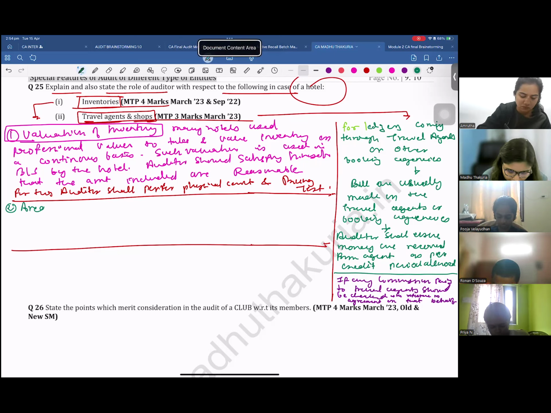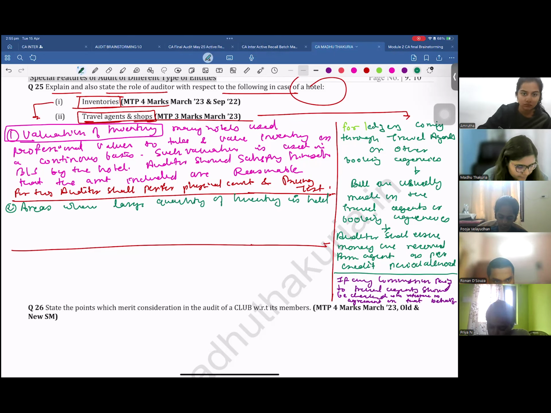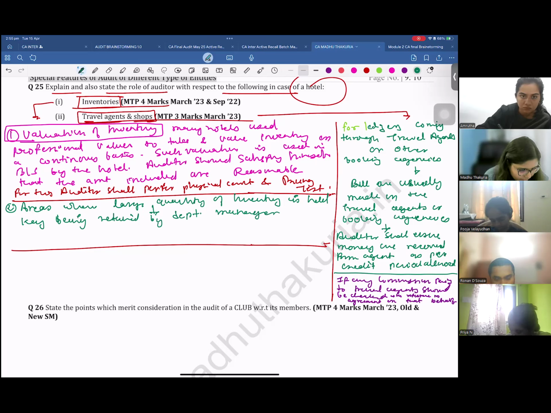Second, areas where large quantity of inventory is held, key being retained by department manager.